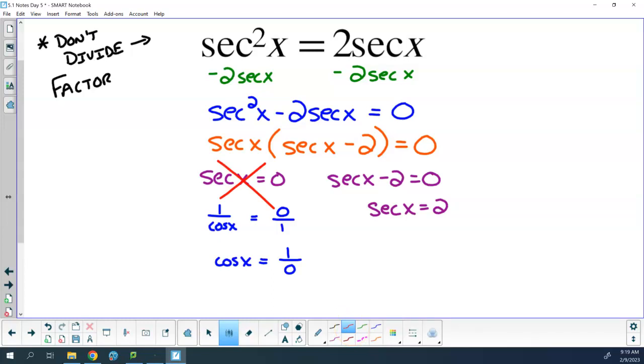Following the same logic over here, 1 over cosine of x equals 2 over 1. So that would be where the cosine of x equals 1/2. Where, first lap, unit circle, does the cosine equal positive 1/2?